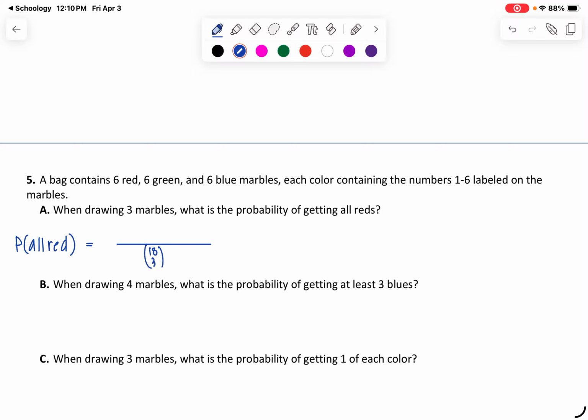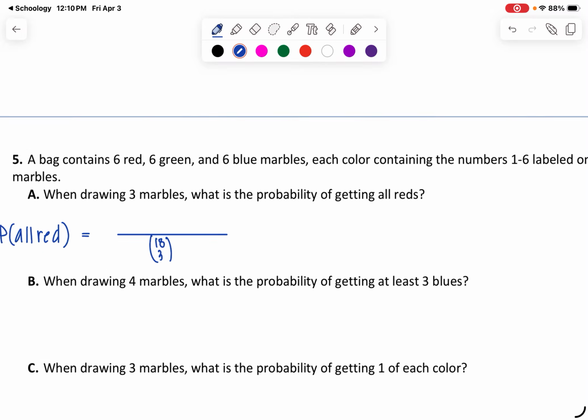That's when the order does matter. That's when you picked that one out, specifically that ball, like red 6. Okay. All right. I know my brain paused there, but I said that was going to happen during this.